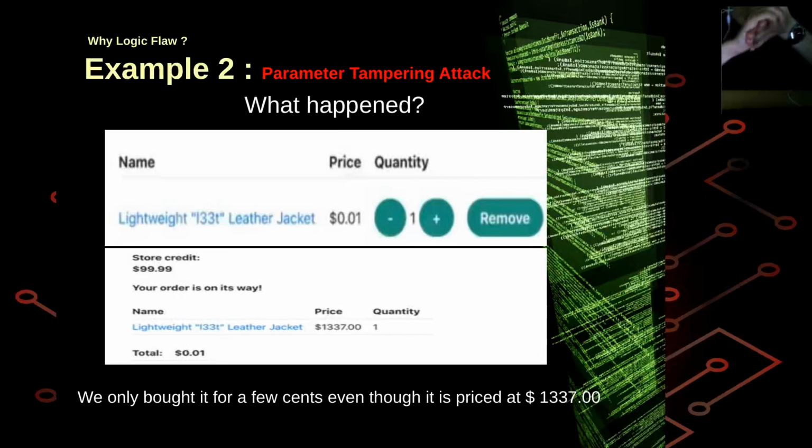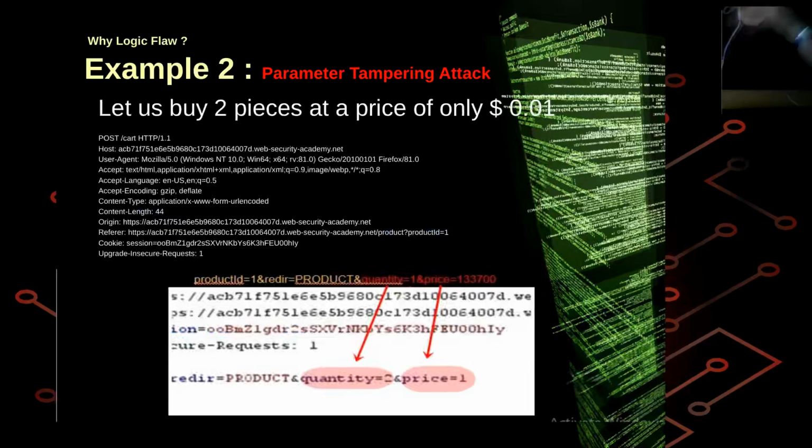So let us buy 2 pieces at the price of only a few cents. First we need to change the quantity size and make the price 1. In this example, we added value 2 for the quantity.